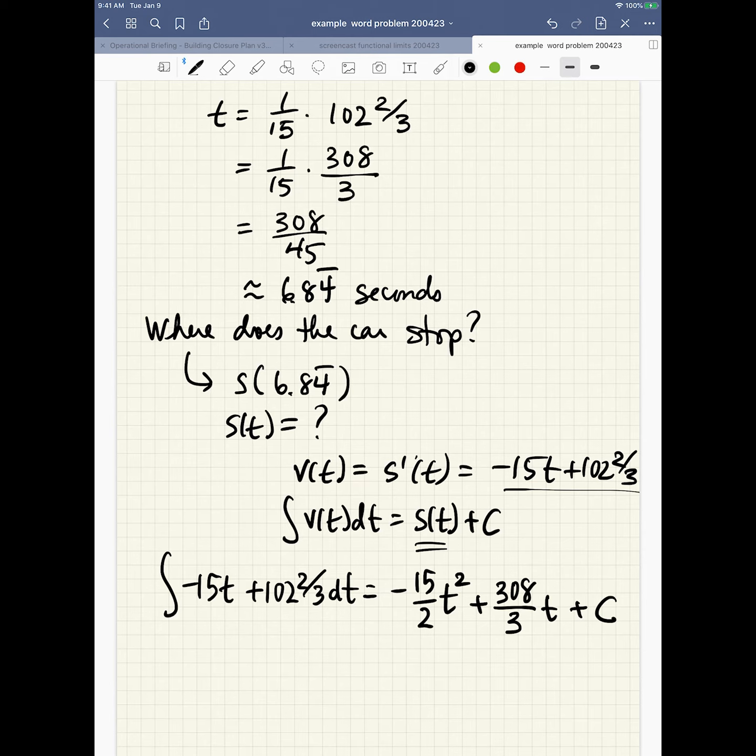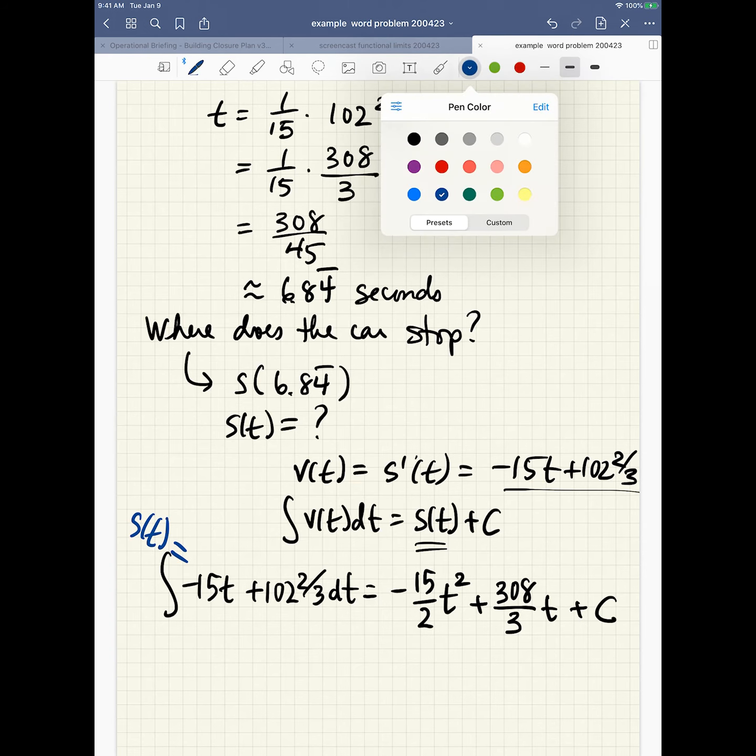All right, and so this is what we get for our position function, S of t. So these are all possible candidates for S of t. I need to find the S of t that works in our application, in our word problem. So I need to figure out what C is.